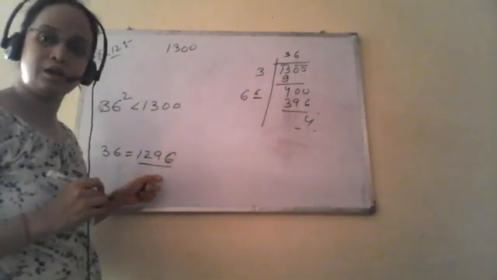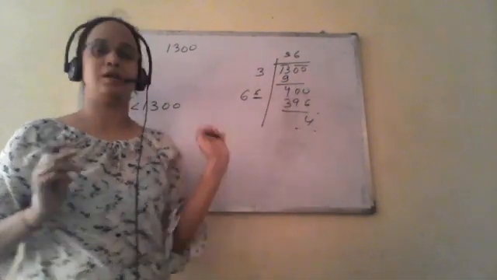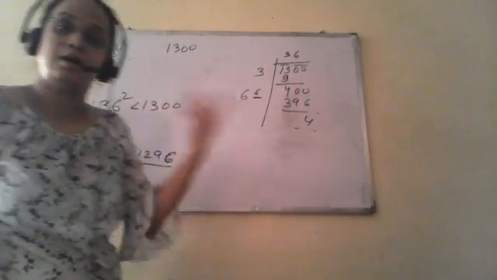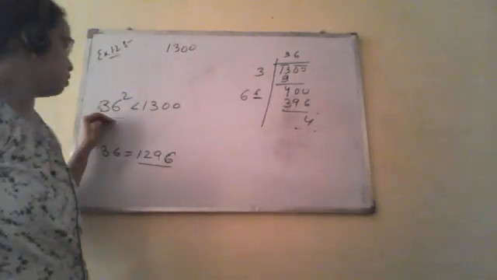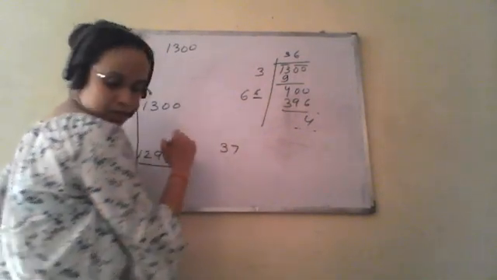How did we get this 1296? By subtracting 4 from this 1300. We have just 4 extra. So this 1300 is greater than the square of 36. And what about 37?